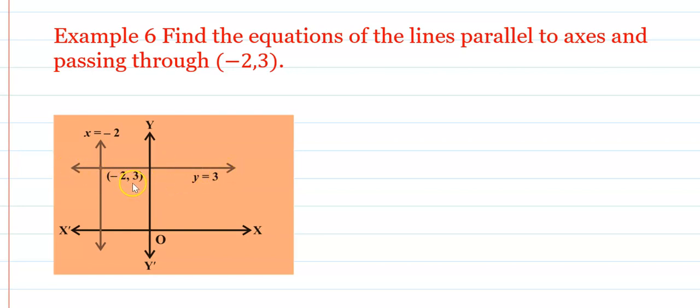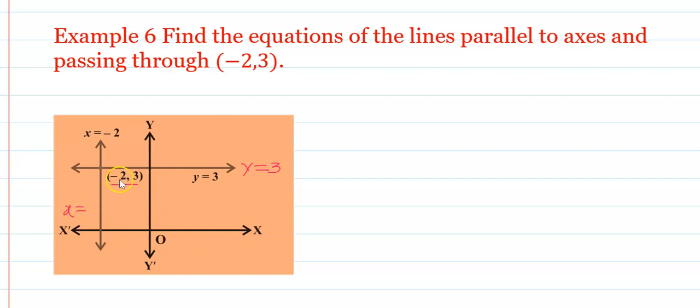When a line is parallel to the x-axis and passes through the point, its equation is y equals. What is the y coordinate for this point? Y is 3. Whenever we want to find the equation of a line which is parallel to the y-axis, its equation is x equals.